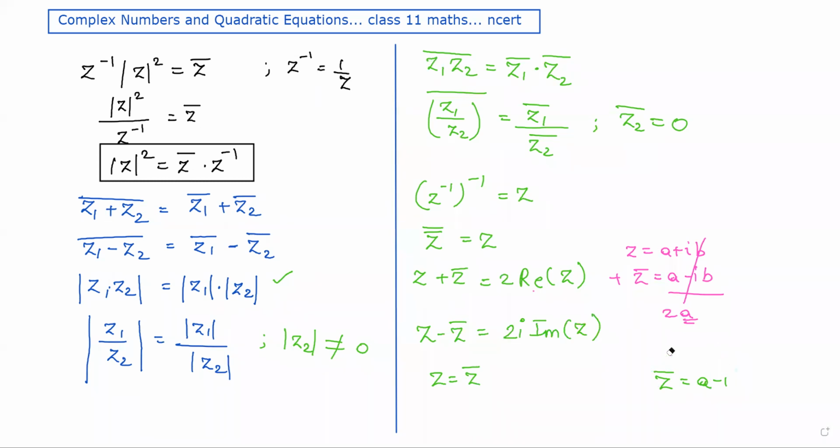This means it is possible only when Z is purely real. What if Z is equal to minus Z conjugate? This is only possible if Z is purely imaginary.